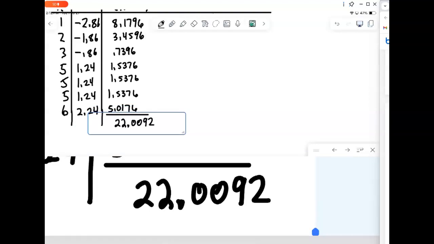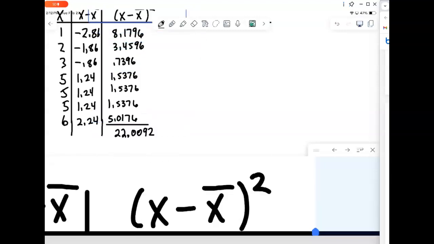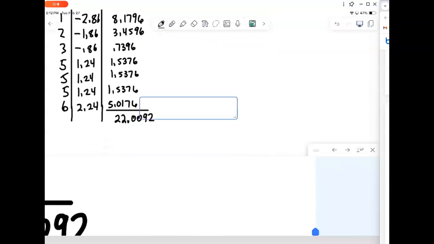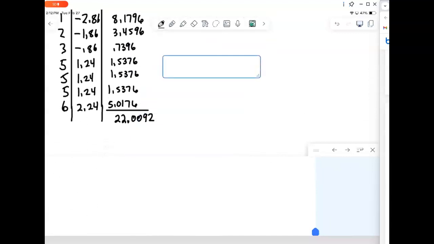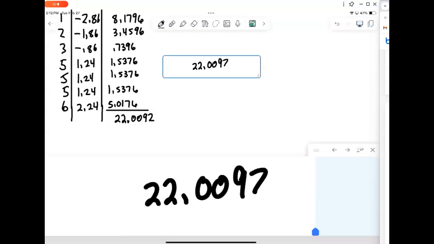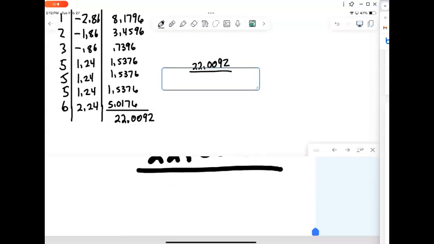And now that we've added them all up, we're ready to go to step 5, which is to divide by 1 less than the number of things we have. We had 7 things, so we take that answer and divide by 1 less than 7, which would be 6.